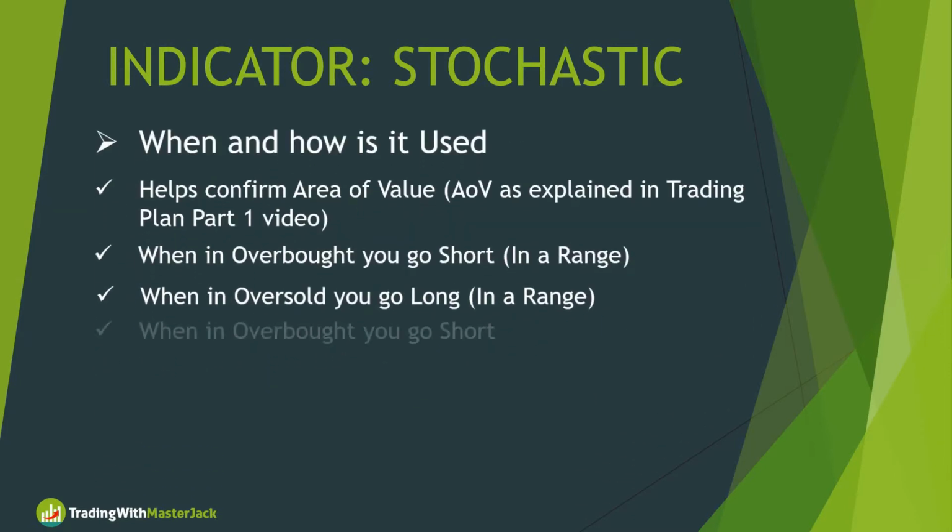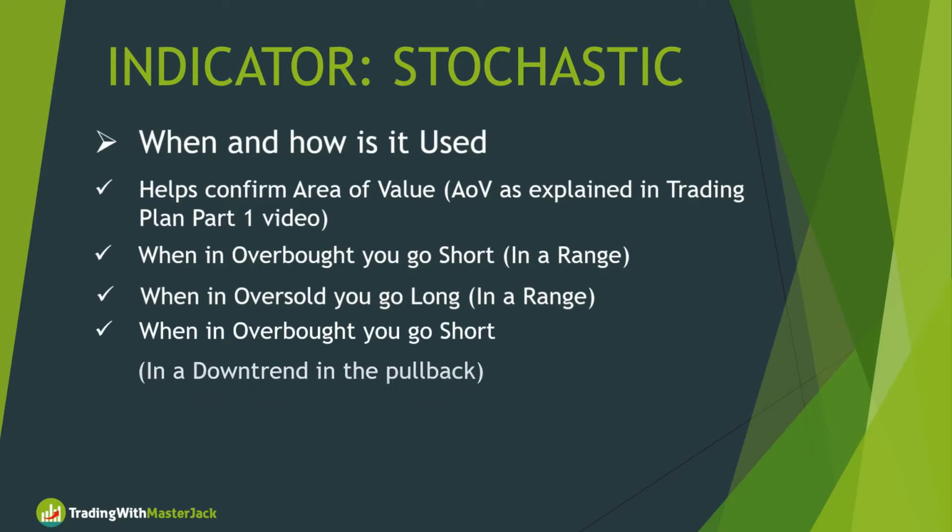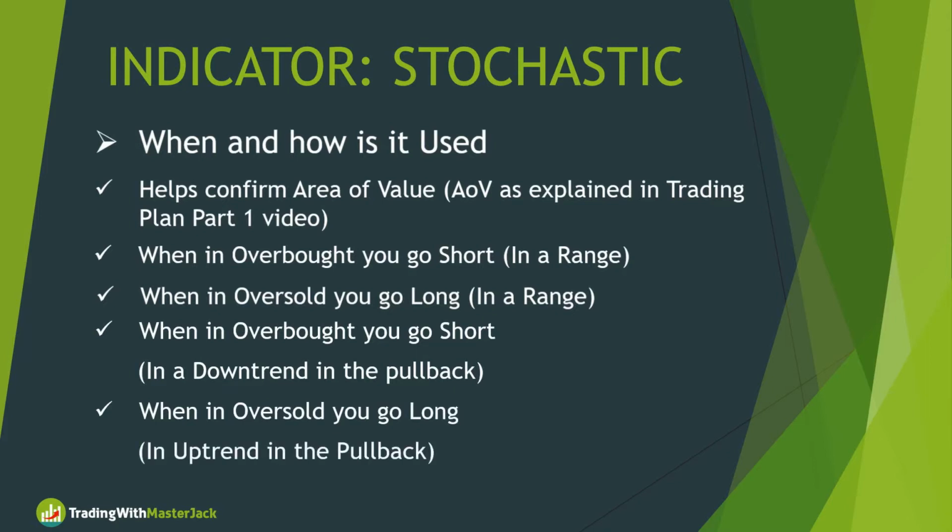But I also go short when overbought in a downtrend in the pullback. That is the condition, and I'll be showing you a good example of that. And when oversold you go long in an uptrend in the pullback from an area of value. Those last two points are very important to be done from an area of value.